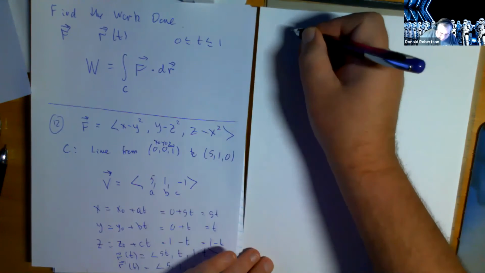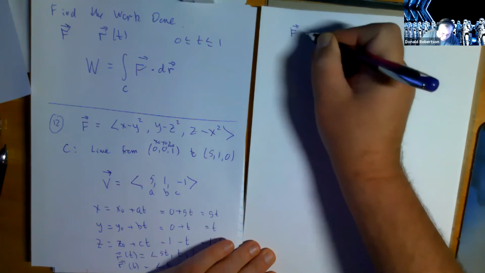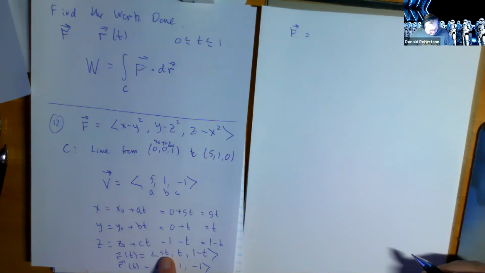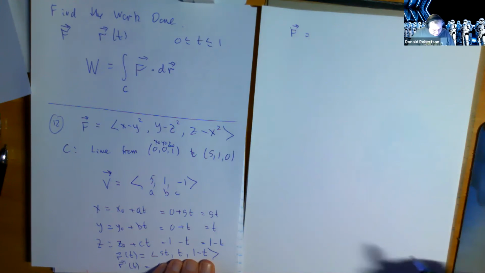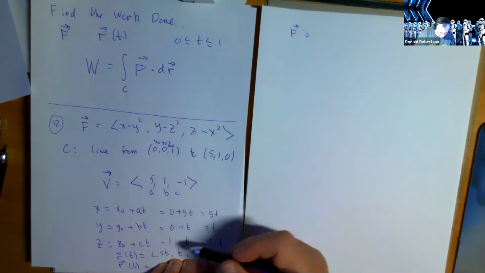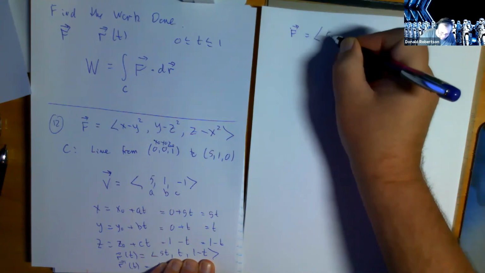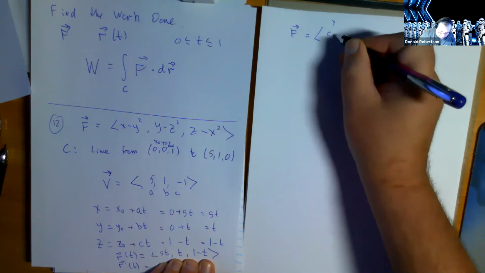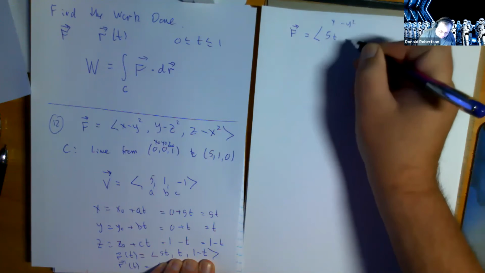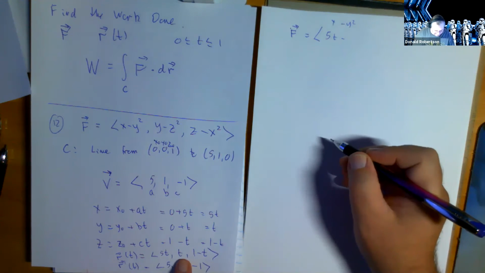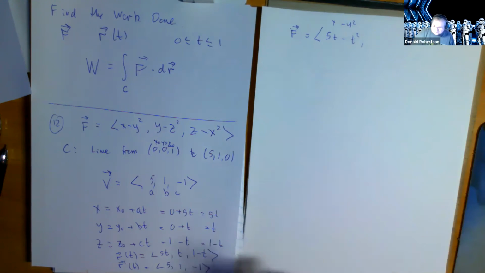So I need to put together what f is going to look like using these three guys. So x take away y squared, does this take away that guy? So x take away y squared. Now, if you take away that, you get this guy.